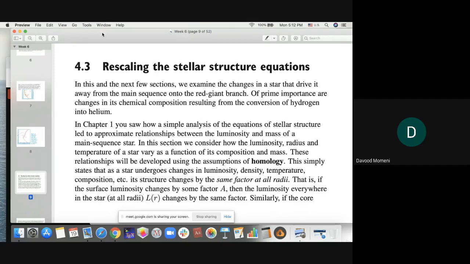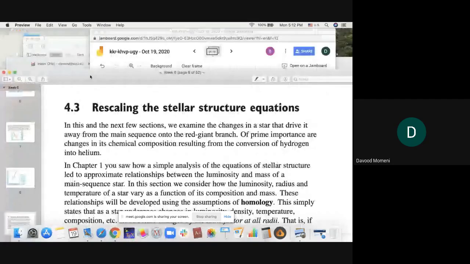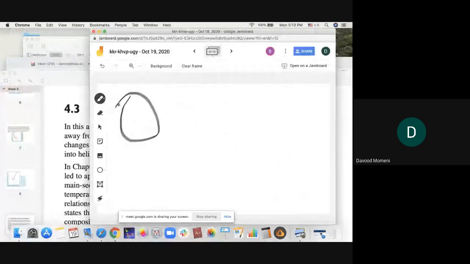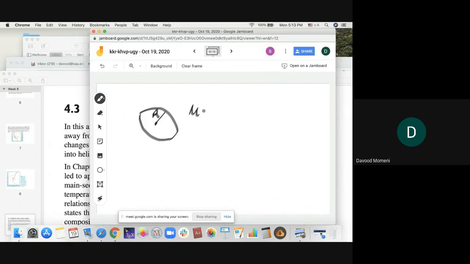So what does it mean? For example, this is a star, and we know exactly, by somehow, we can estimate the mass-radius equation for that.